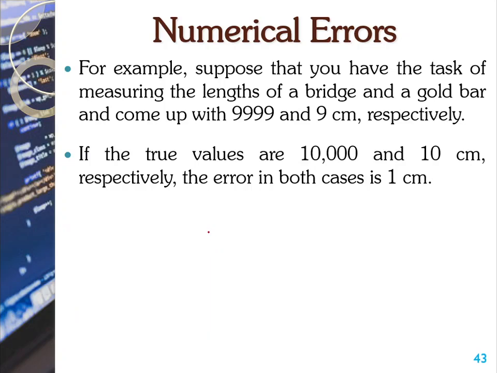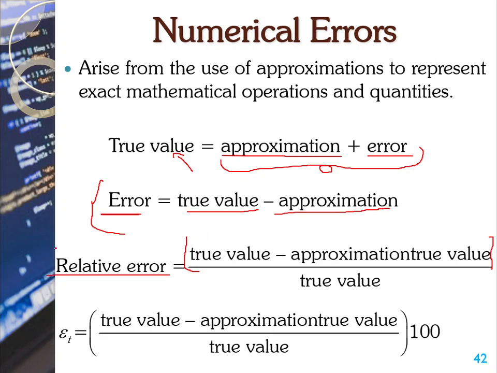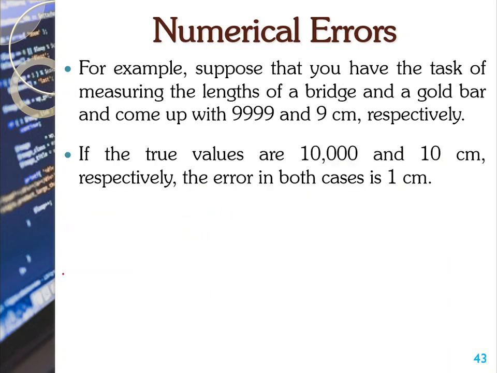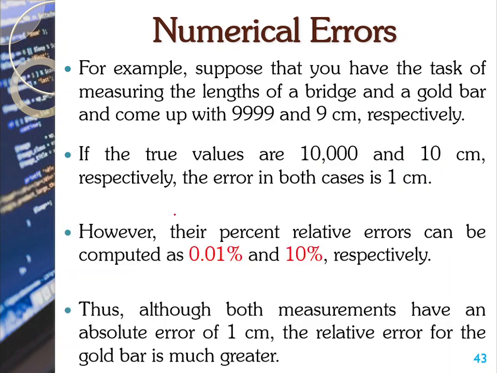That is the relative error if we look at this formula here. However, if we express this in terms of percentages, he's going to make an error of 0.01%. In the case of the gold bar, the relative error is 0.1, but in terms of percentages, he's making an error of 10%.